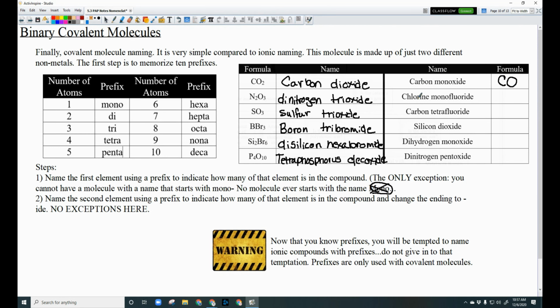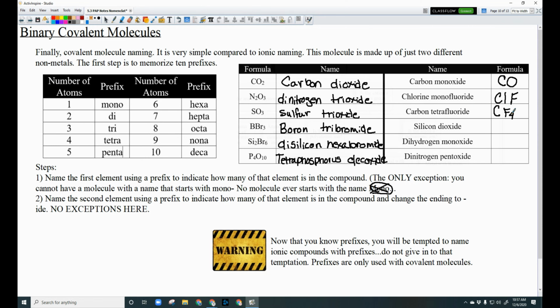Okay, chlorine, Cl, because there's just one, monofluoride, mono 1 fluorine. Carbon, C, there's just one, tetrafluoride, tetra is 4, so it's 4 fluorines. Remember, the number comes after the symbol.